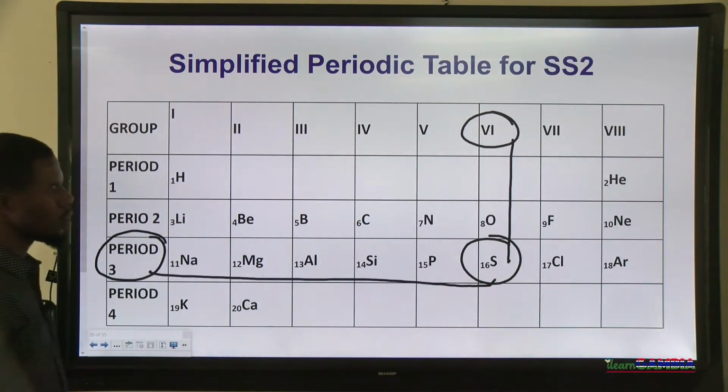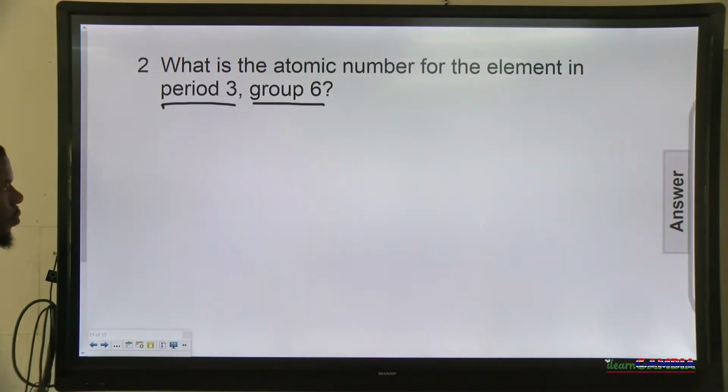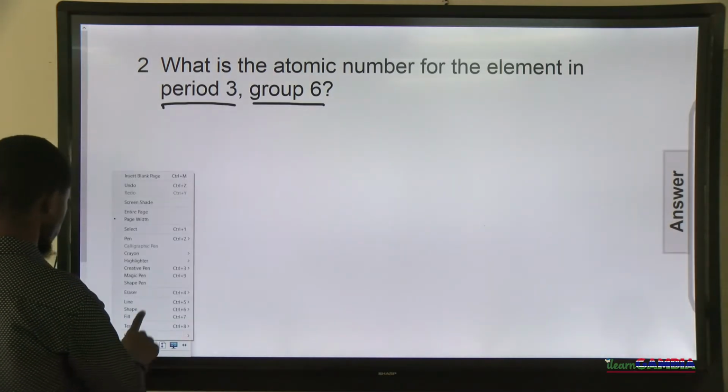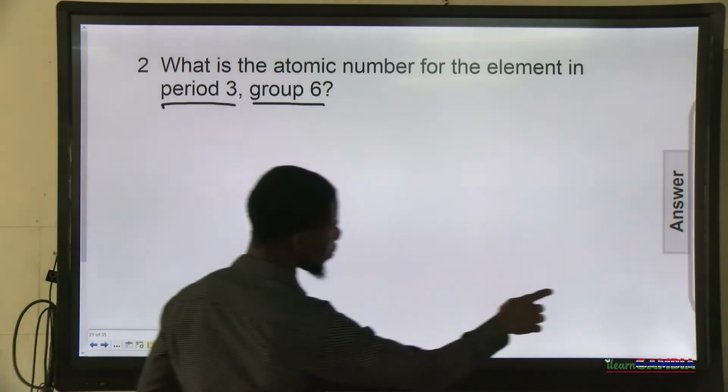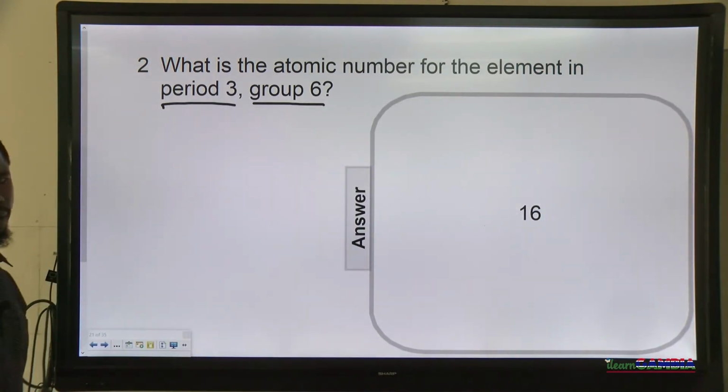Therefore, the atomic number of the element is going to be 16. It is 16, which is sulfur in the periodic table. So looking at the answer here, we have 16 as the answer.